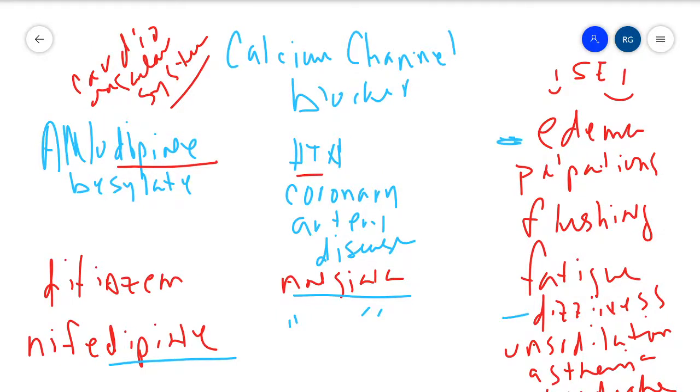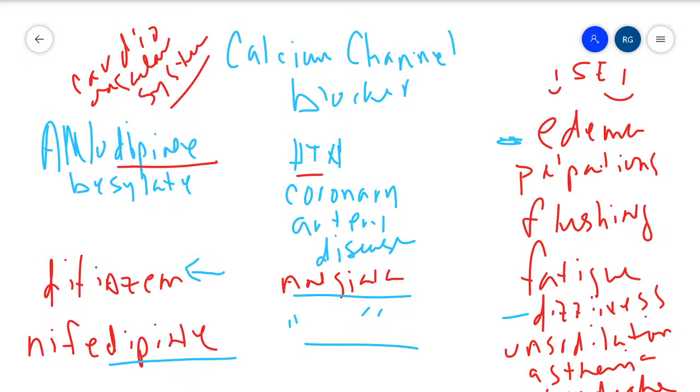So for the most part, you'll find same side effects, same indications, and some, not all, this is an exception here, but nifedipine, amlodipine, and the dipines, that's going to let me know that's a calcium channel blocker.